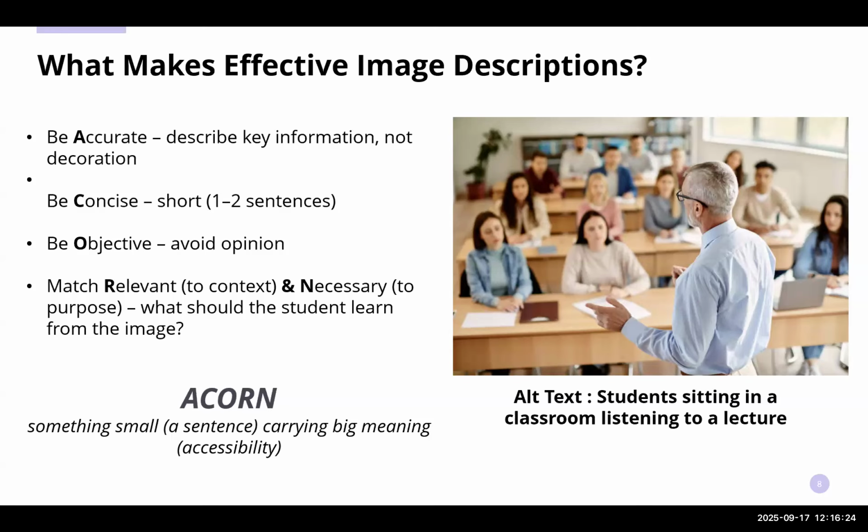Think about why the image is there and what part of it supports the content. Last, N is for necessary. Include only the details that support the learning goal. And ask yourself, what does the student need to know from this image in this specific context? Next slide, please.